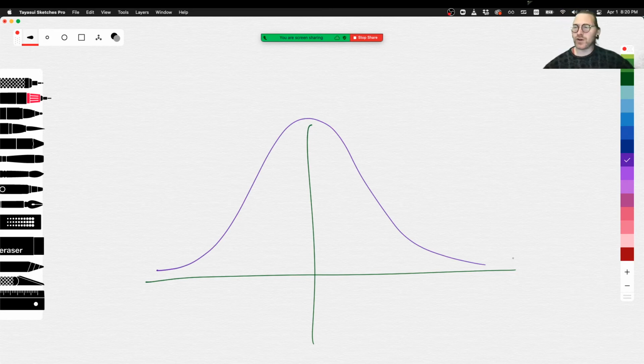I am going to insert Gaussian noise, so I'm going to insert normal noise. And what that means is that if this is 0, we're more likely to get values around 0 than we are to get values further away from 0. And I'll just show you how I'm going to do that really quick.